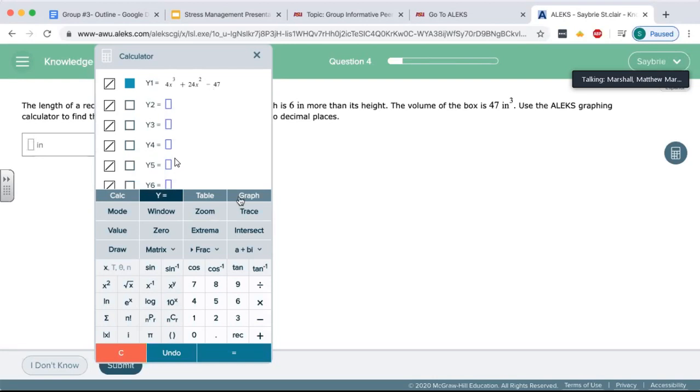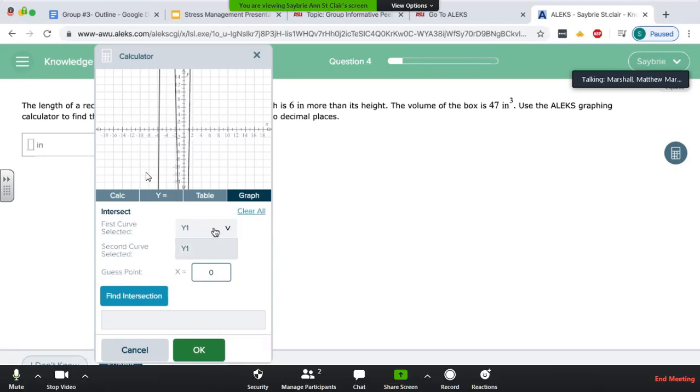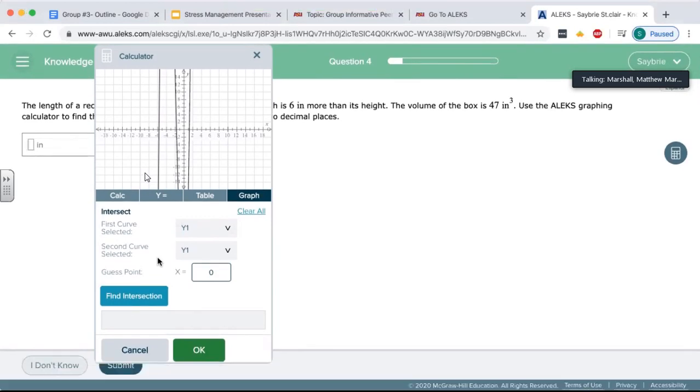I'm not sure, that graph's not looking correct. Maybe. I mean, if you, yeah, I don't know. I forget how this works.